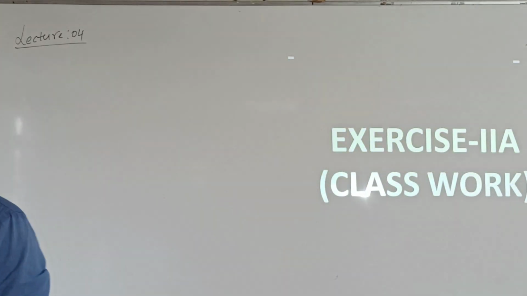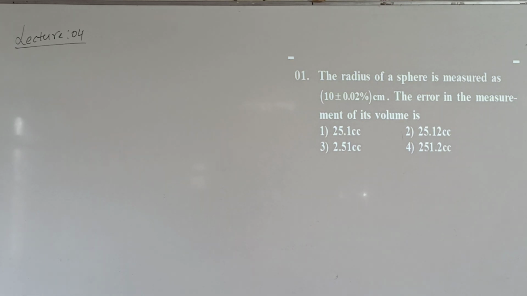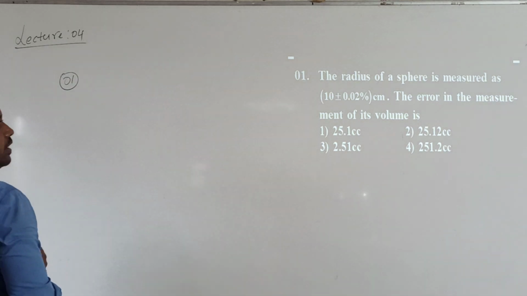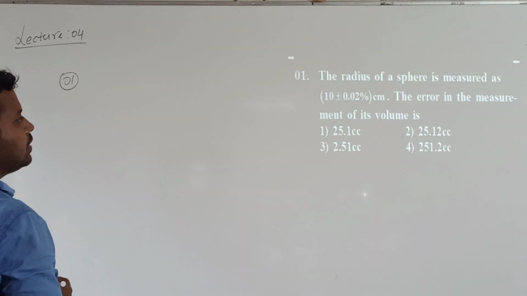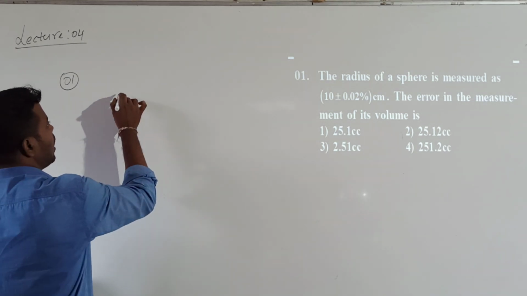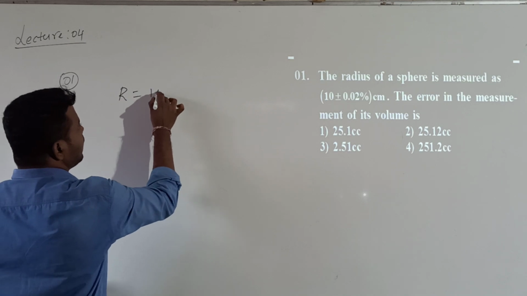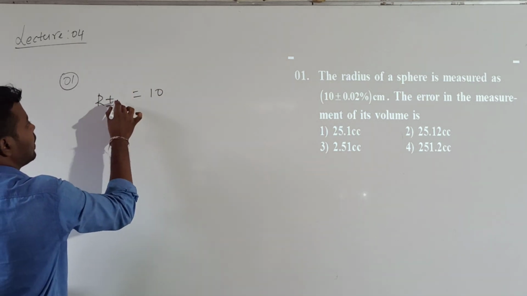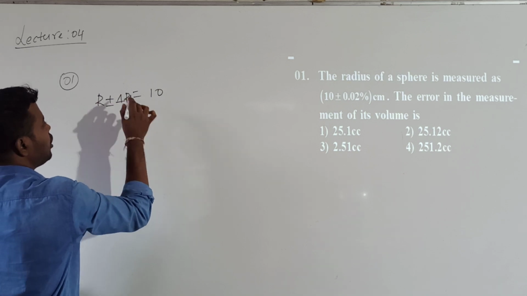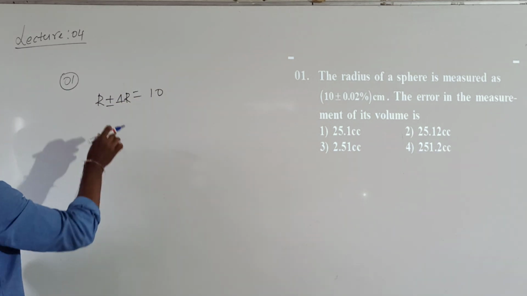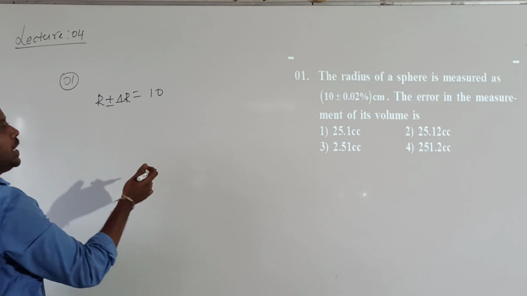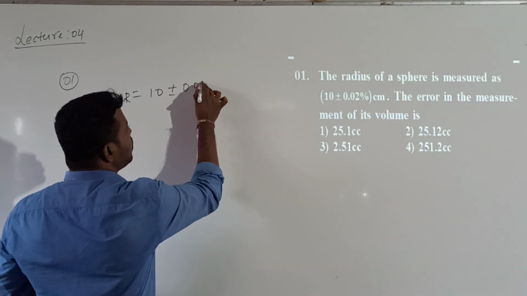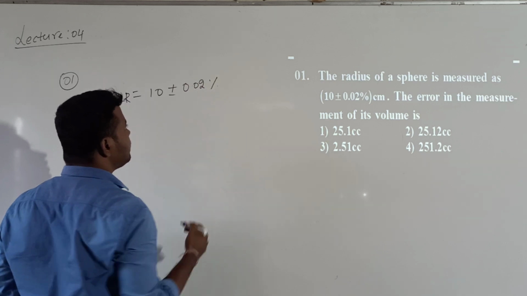In exercise 2A, question number 1. The question they have given is, the radius of the sphere is measured as r given as 10, r plus or minus delta r. Whenever you measure the error, the physical quantity should be expressed with respect to error, which is 10 plus or minus 0.02%.